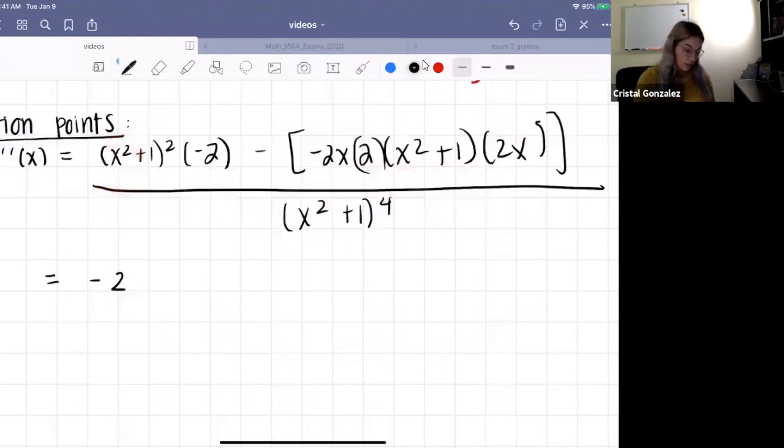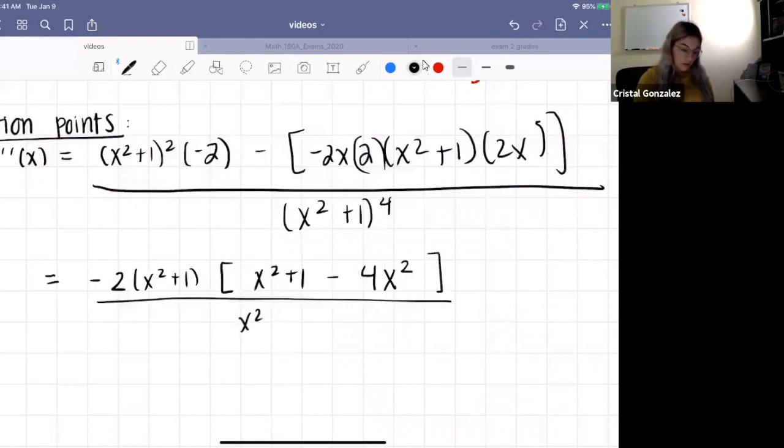We're just left with x squared plus 1 at that spot, minus, and then here we factored out a -2, so we'll end up with 4x squared. So hopefully you got that. And then all over x squared plus 1, all to the 4th.